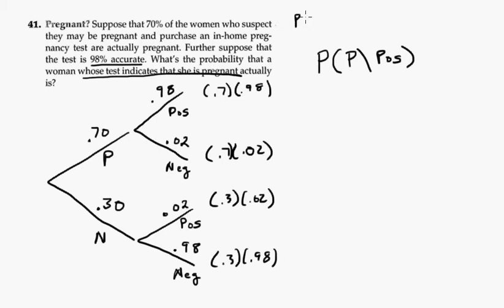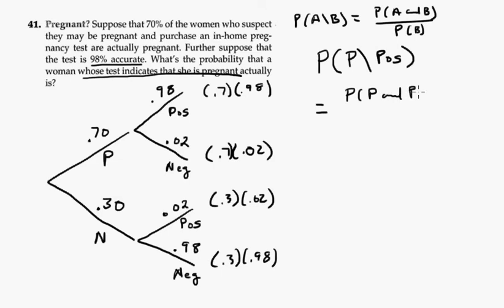So remember, we would use the probability of A given B is equal to the probability of both, the probability of A and B occurring, divided by the probability of the given, B. So here, what's the probability of both? Probability that she's pregnant and it's positive, divided by the probability that the test was positive.